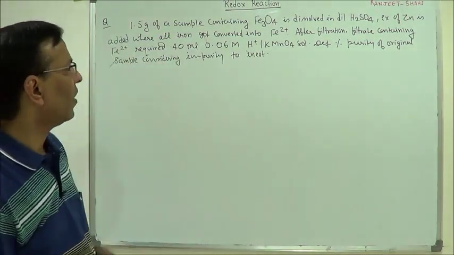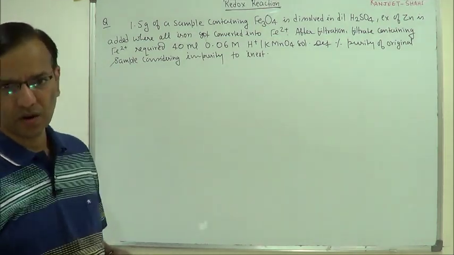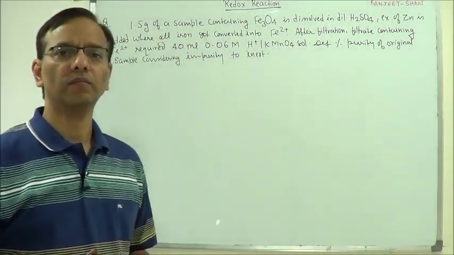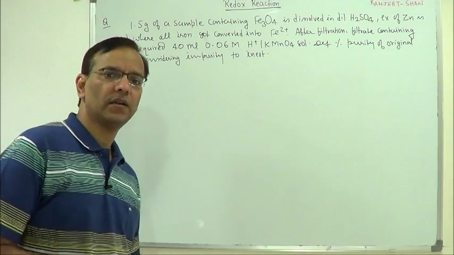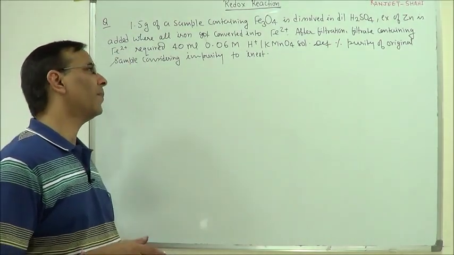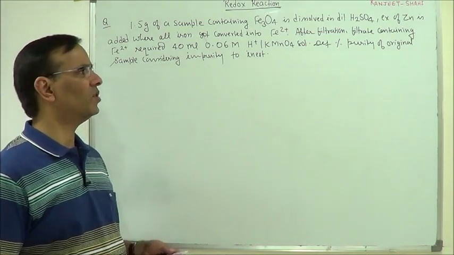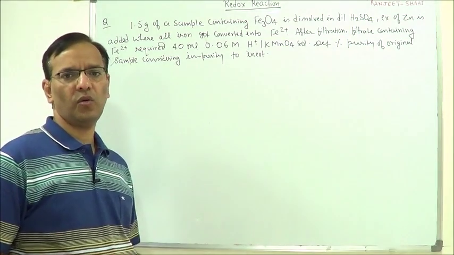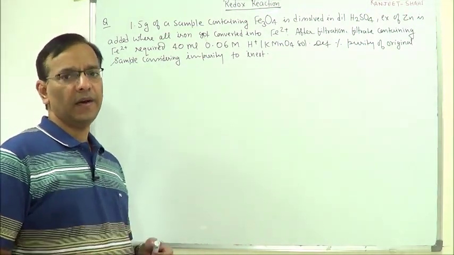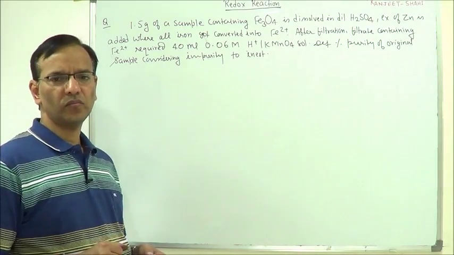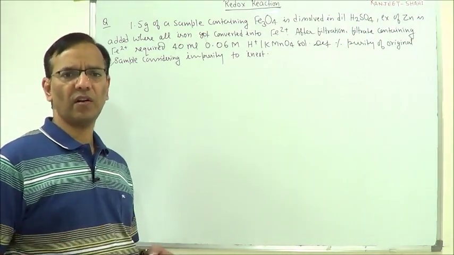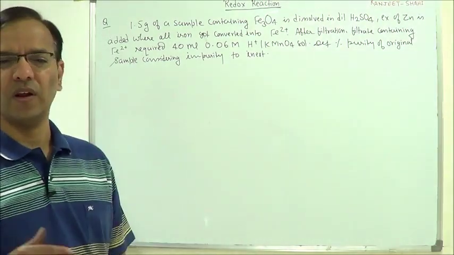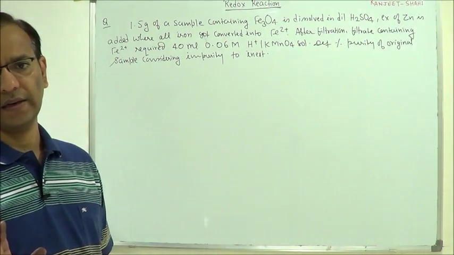Once again, we have a situation in which a sample of mineral contains iron in the form of ferric oxide, and that sample is first treated in acidic medium with zinc, which reduces all iron to ferrous iron, and the solution after filtration was titrated with potassium permanganate, where potassium permanganate will oxidize ferrous iron again to ferric iron.